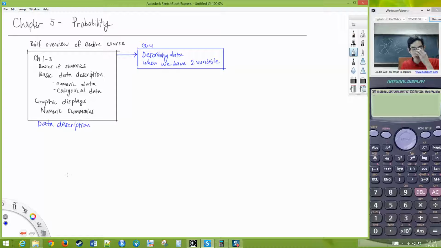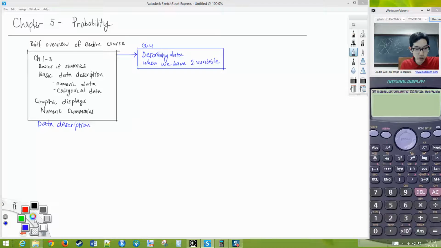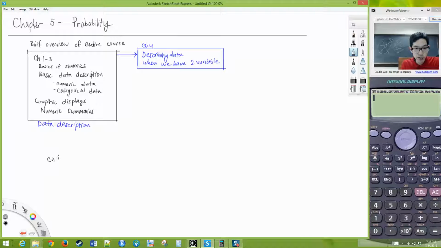Okay, and this week we're going to work in chapter 5, which is about probability. Okay, so chapter 5 is about probability. And based on probability, we're going to go into chapter 6, which is next week. And that will be probability distributions.